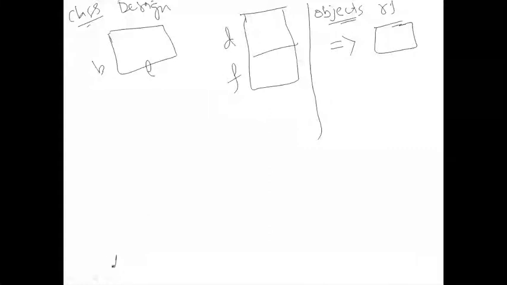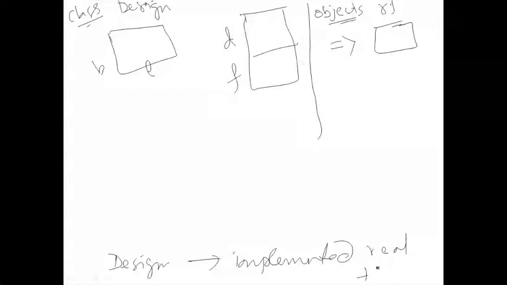Class is the design and object is the implemented real thing. So here this is the design, this is the real object. Here we have 5, and suppose 2, this is the length and this is the breadth, and we have two other pieces of information associated with this.